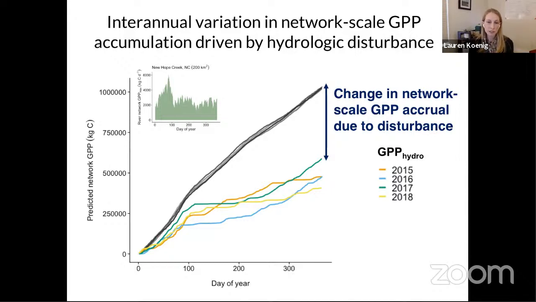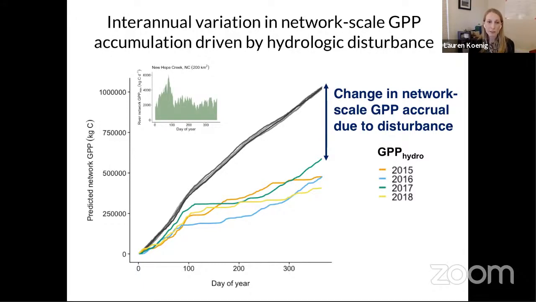And so, these effects of hydrologic disturbance, we hypothesize have implications for food webs. Okay, primary productivity fuels the base of freshwater food webs in many instances. And so the spatial distribution, magnitude, and timing of productivity can affect community dynamics potentially.